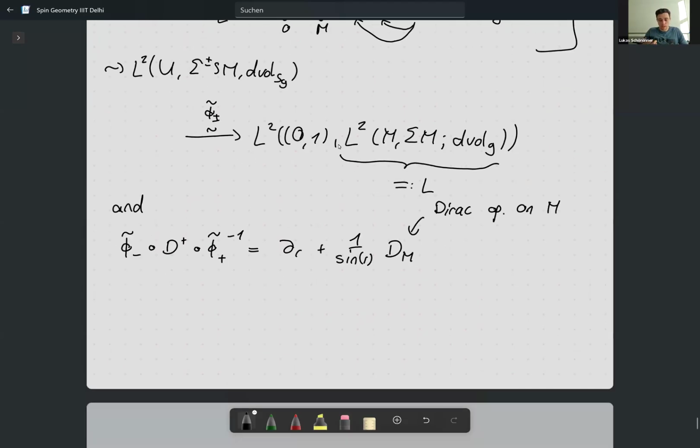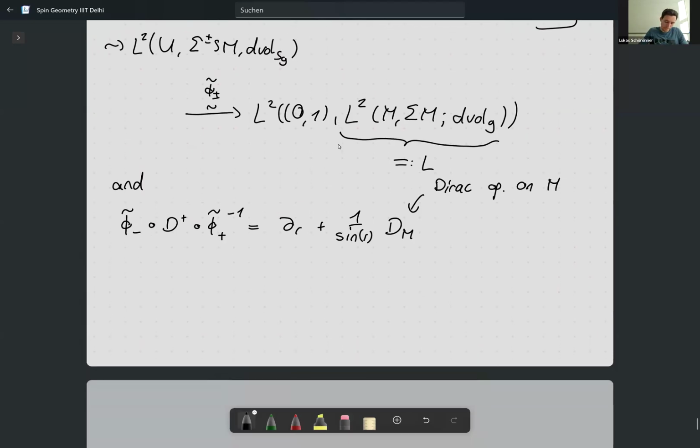And now we want to do analysis with this. So we can do analysis with a straight cone, where sine squared of r would be replaced by r squared.